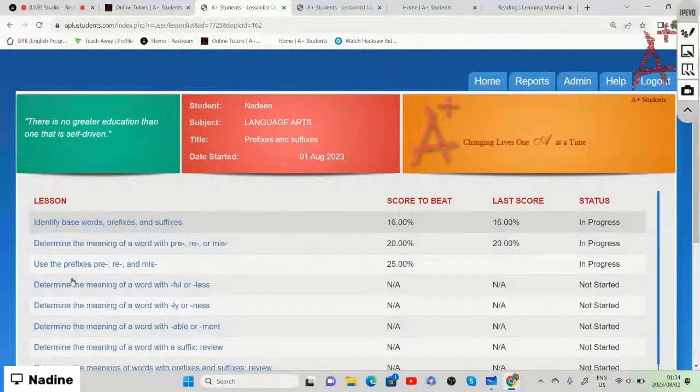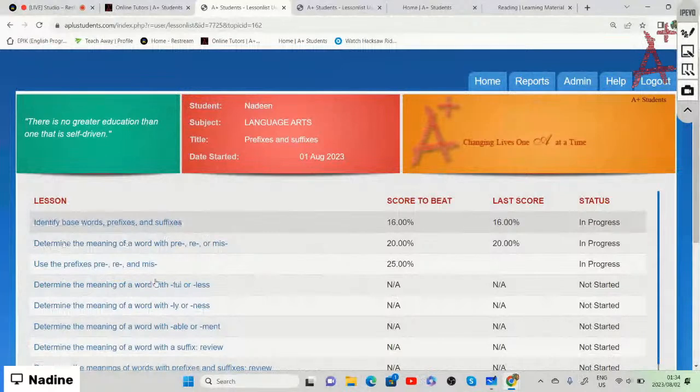So that was first using the prefixes pre, re, miss. And we say pre meaning before, re meaning again, and miss being wrong. And it's like in the previous lesson that we did, you need to determine the meaning of the word in order to create another meaning of another word, right? So meaning you need to know what pre, re, and miss means.